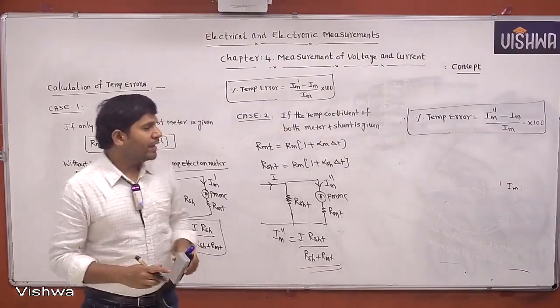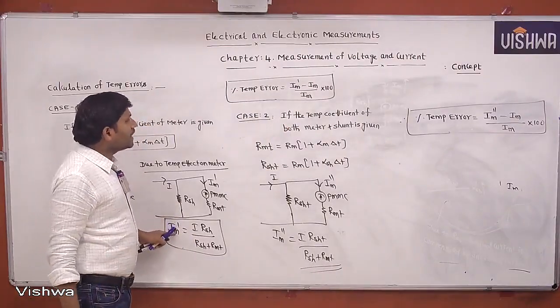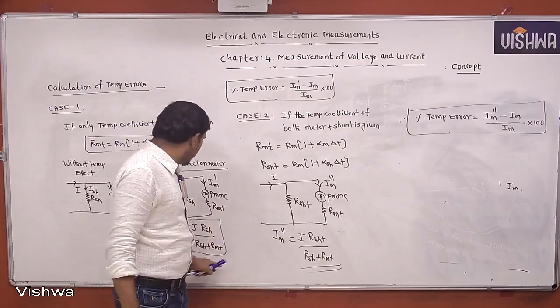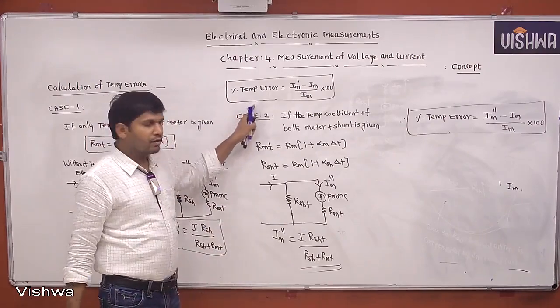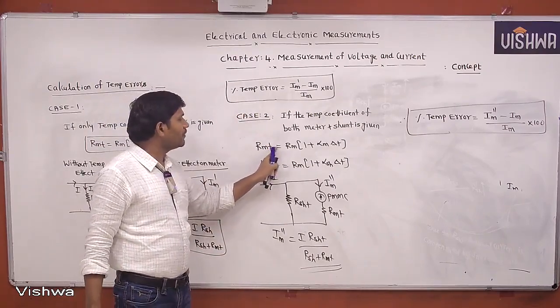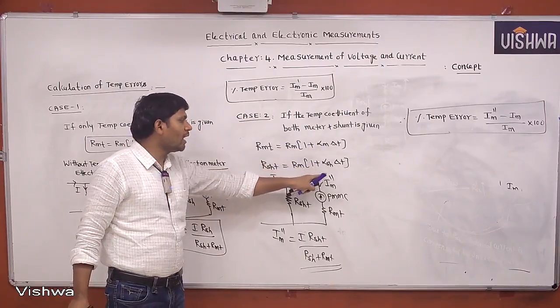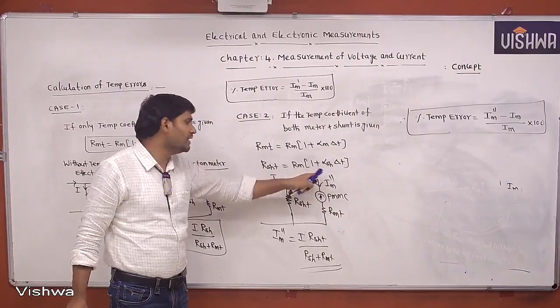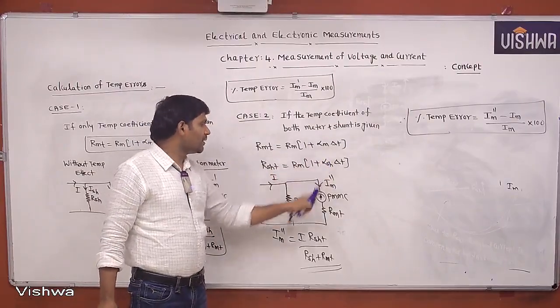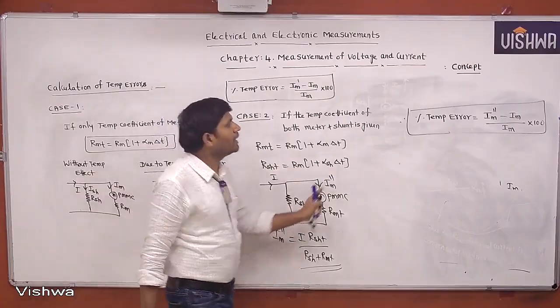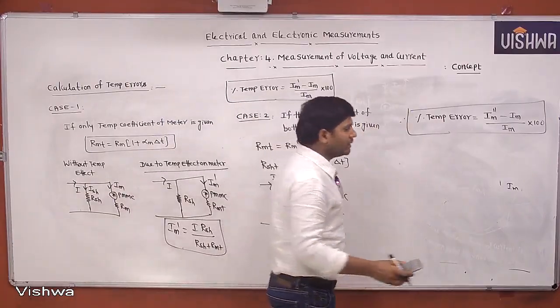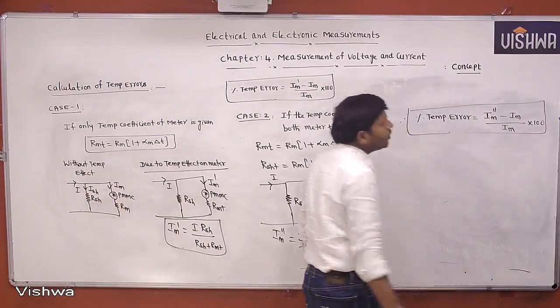If only the temperature coefficient of the meter is given, then you can calculate Im dash, then you can get the percentage temperature error. If both are given, you calculate the change of resistance, where alpha m is the temperature coefficient of the meter, alpha sh is the temperature coefficient of the shunt, and delta T is the change in temperature. According to that, you calculate Im double dash, then you can get the percentage temperature error. Okay, this is about how to calculate.